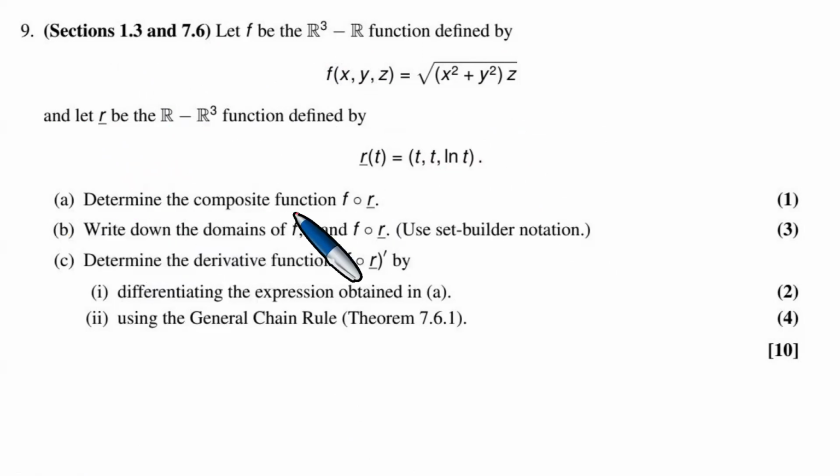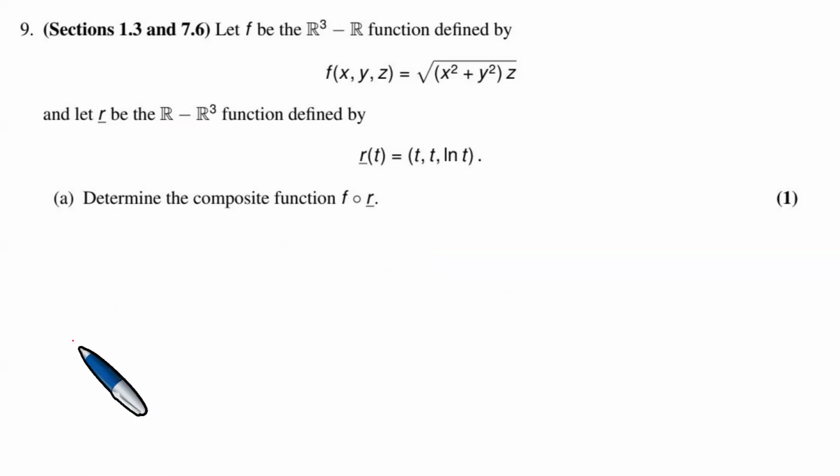Determine the composite function, the composition of f and the vector R. Let us find the composite function. We do that step by step. We have made a lot of space available for ourselves. How do we find the composition of two functions?